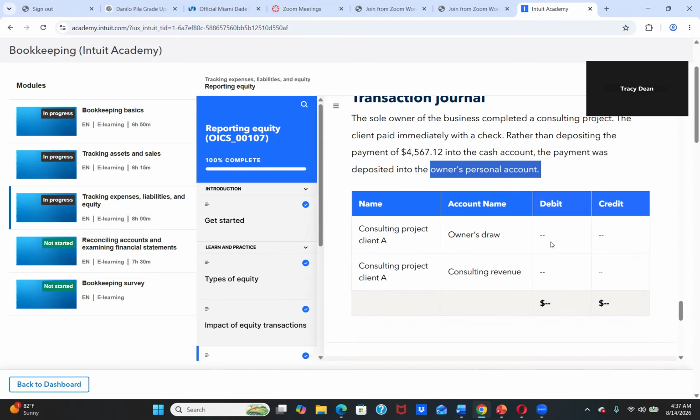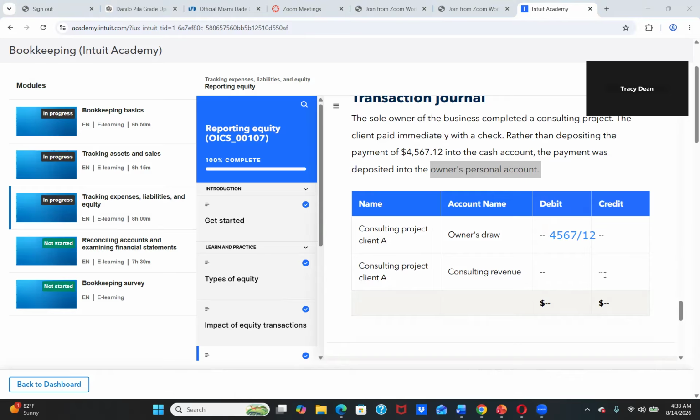So in this case, you're going to debit what we call the owner's draw by $4,567.12.